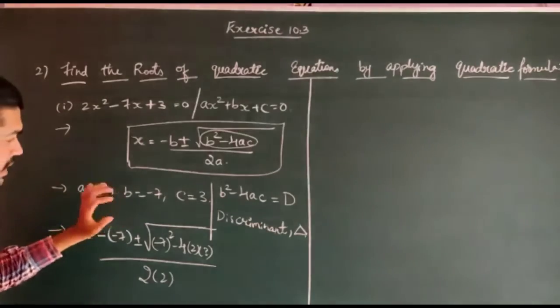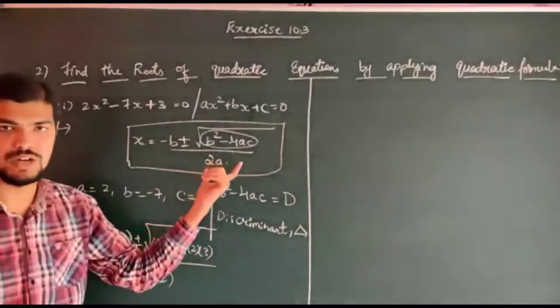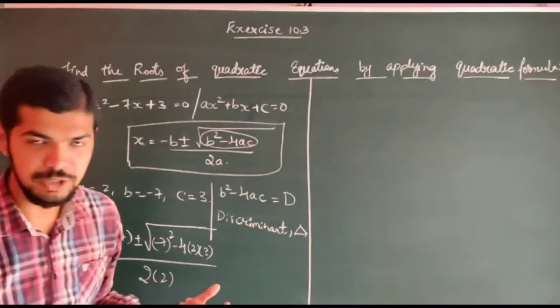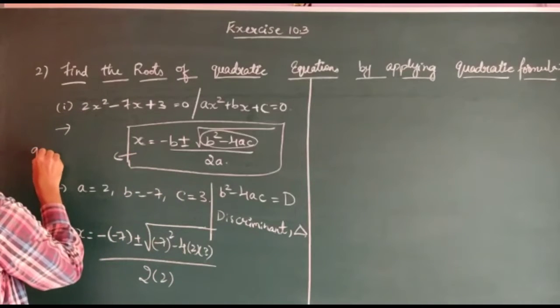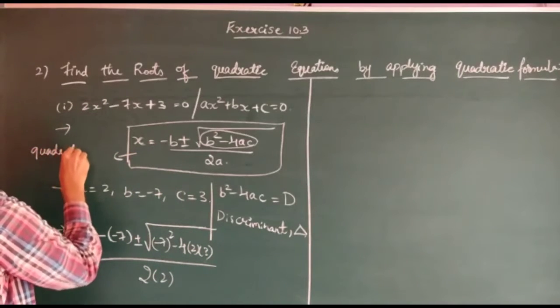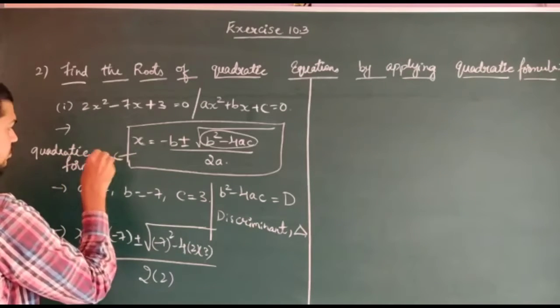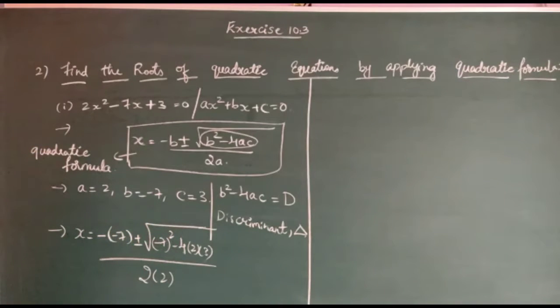I repeat, I am just substituting the values of a, b and c in this quadratic formula in order to get the values or the roots of the quadratic equation. Now just simplify this, you will arrive at your solution.